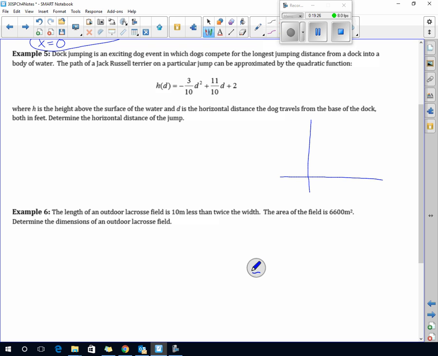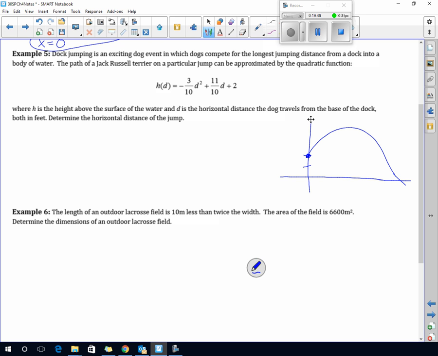How do I know that? I put x is 0, or in this case d is 0. What do I get? 2. So it's starting at a height of 2 and it's looking like this. Does everybody see? Why would it start at a height of 2 for the dog? They're jumping from a dock into the water. Does everybody see that?